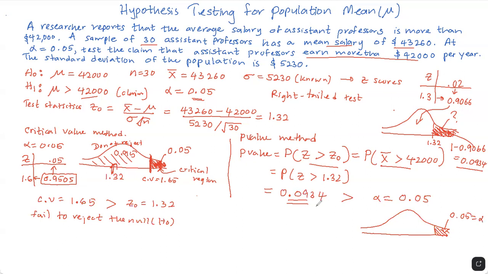But if you look at the p-value, that area in the right tail is bigger than 0.05. So your p-value is larger than your alpha value, right? So in this case, we fail to reject the null, which is H naught.